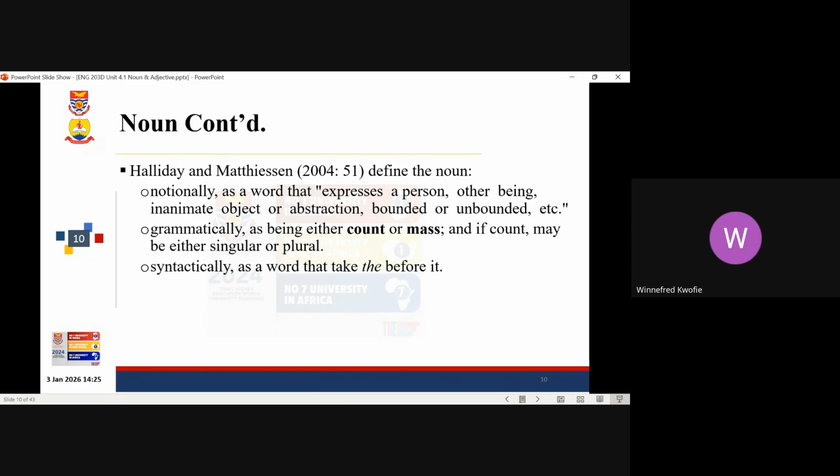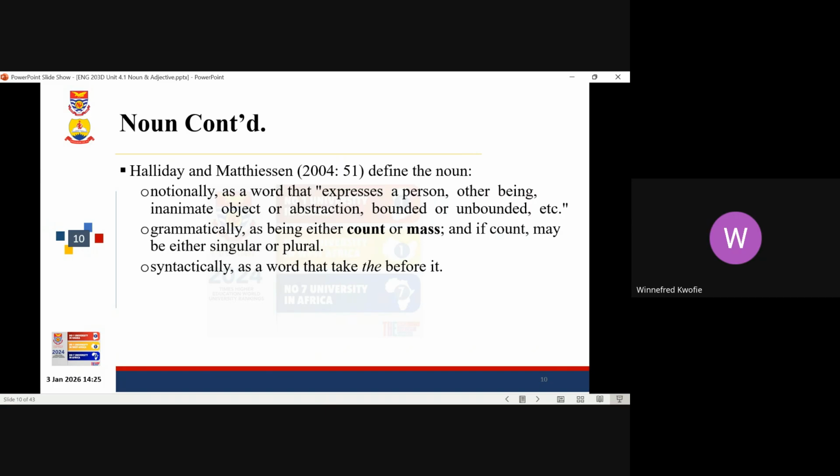So Holiday defined a noun notionally as a word that expresses a person, other being, inanimate object, or abstraction, bounded or unbounded, etc.